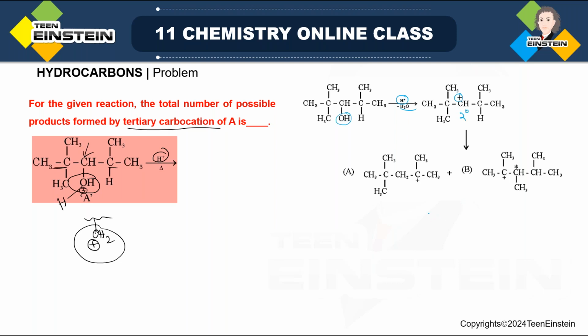carbocation. Now if you look at both sides of this carbocation, two types of migration are possible. One migration is if the hydrogen from the right hand side is shifted to this position with the electron pair, that means the two electrons that are present here, if hydrogen is taking both the electrons, that means it will be now H minus.